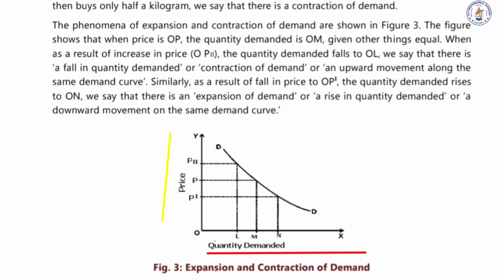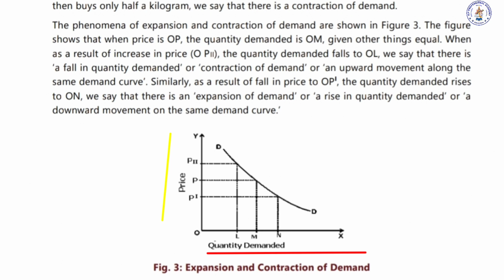The quantity at the price OP that he is ready to buy is shown as OM. So where these two lines meet, that point is his demand at a particular price, leaving the other factors to be constant.